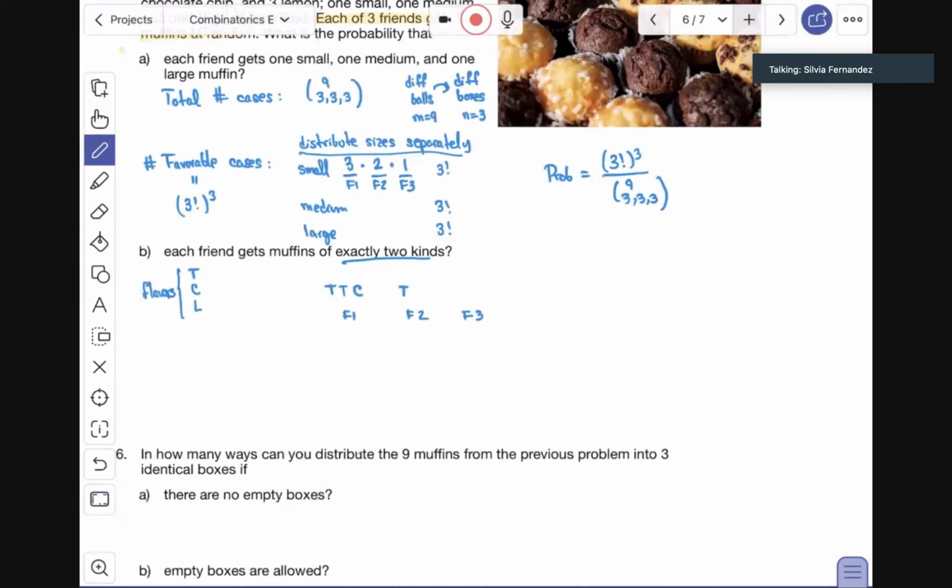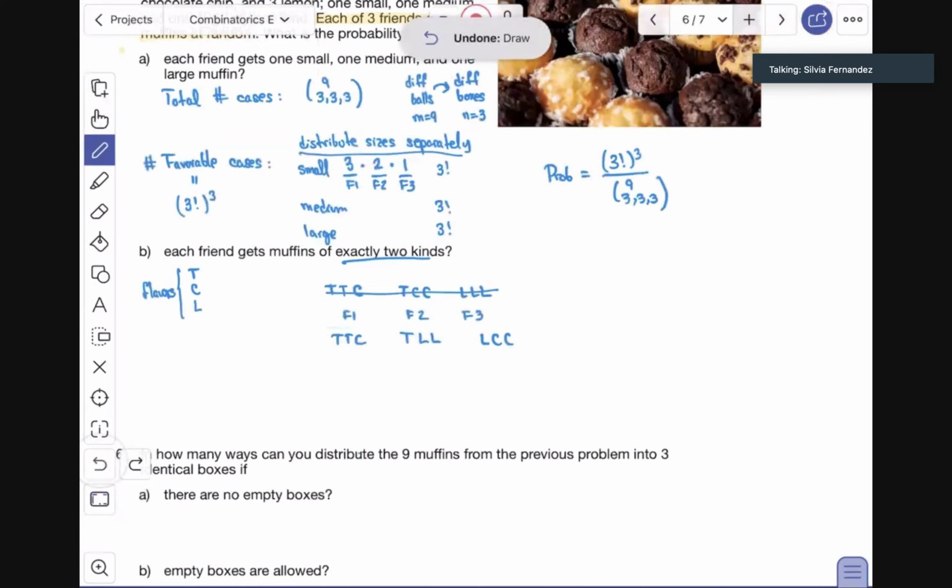And so, if I tried chocolate chip, then the last one will end up with only lemon, and that's not okay because each one needs to get exactly two. So this doesn't work. The only possibility is that the one that gets the triple chocolate needs to get the lemon ones, and then the last one needs to get one lemon and two chocolate chip. This is the only possibility.